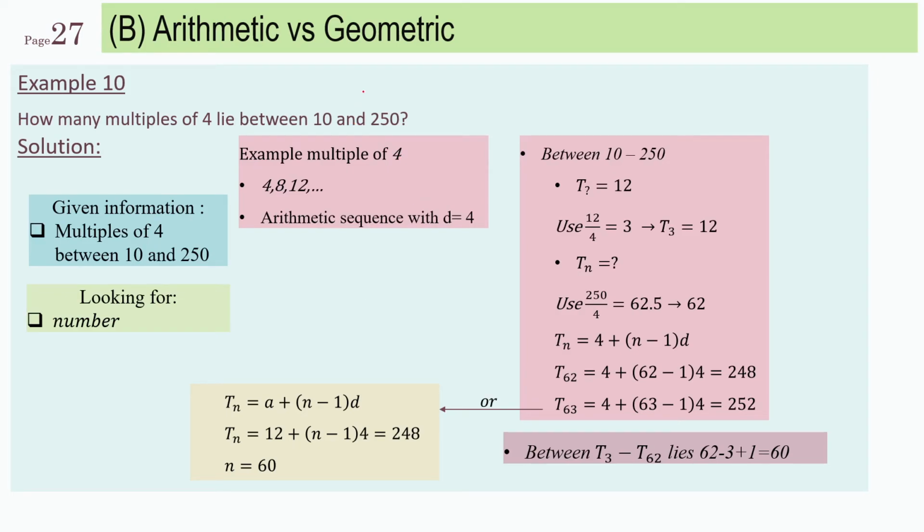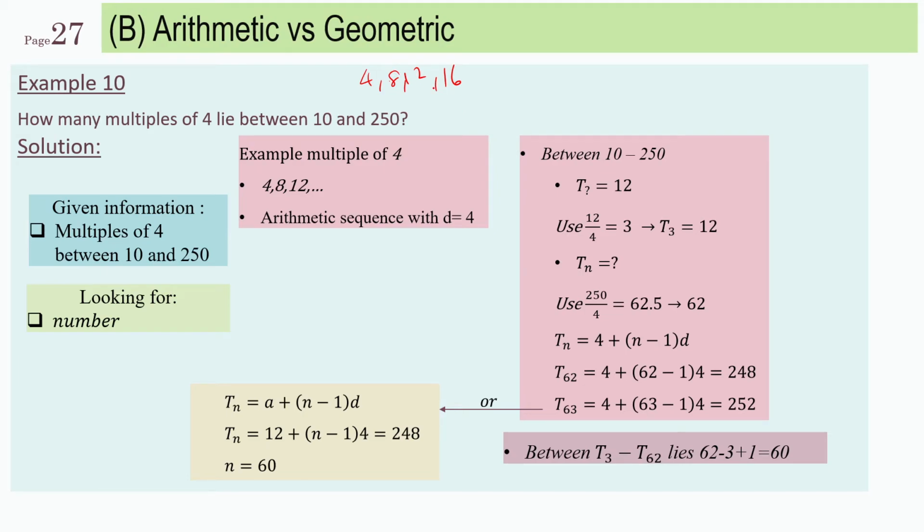For example, 4, 8, 12, 16 are multiples of 4. 4 times 1 is 4, 4 times 2 is 8, 4 times 3 is 12, 4 times 4 is 16. This is the multiples of 4.